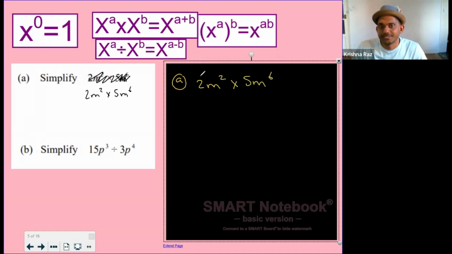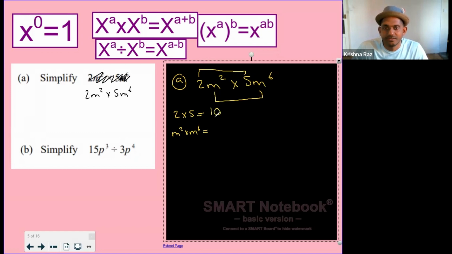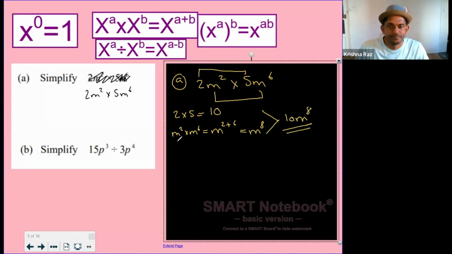So in this case, we need to do these bits separately. So what we have is 2 times 5, and we have m squared times m to the power of 6. Well, we know 2 times 5 is 10. And when we're timesing indices, we're going to add the powers. So we just put these 2 bits together, and we have 10m to the power of 8.